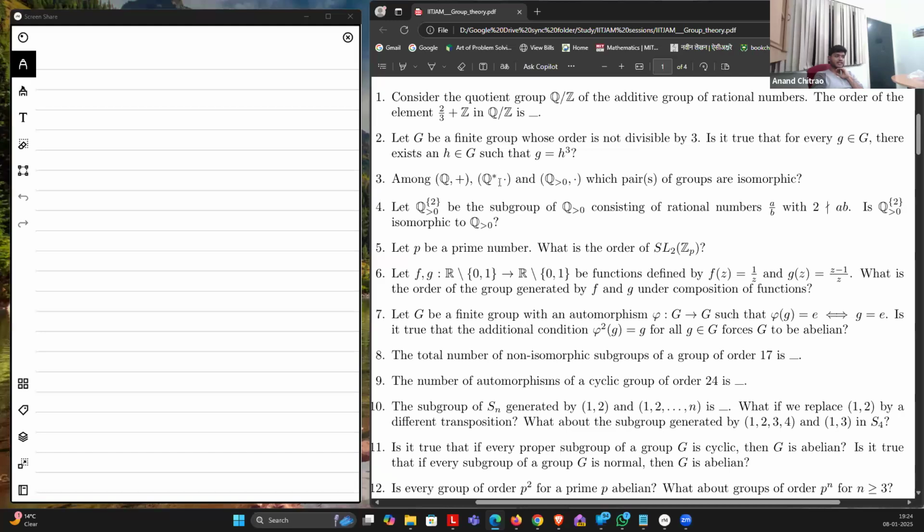What about Q star dot and Q greater than 0 dot? What about these two? A quick answer again. They are not. Why?